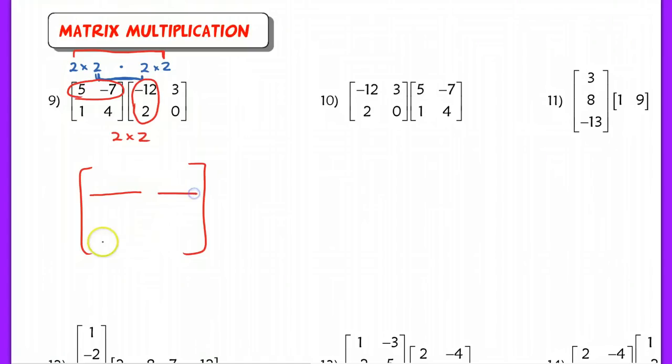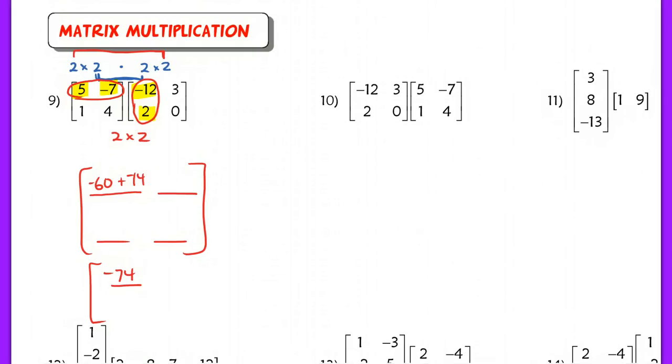So you have 4 different blanks that you can write into your matrix, since you know it's a 2 by 2. And in this first position, I'm going to multiply 5 times negative 12 to get negative 60. And then I'm going to multiply negative 7 times 2 to get negative 14. And then I'm going to add those two numbers together to give me negative 74. That's the number that goes in the first row, first column.